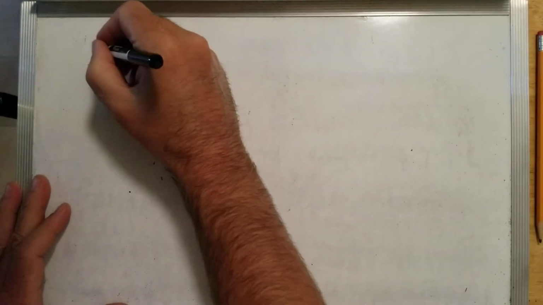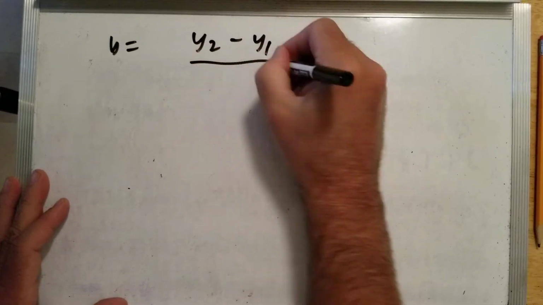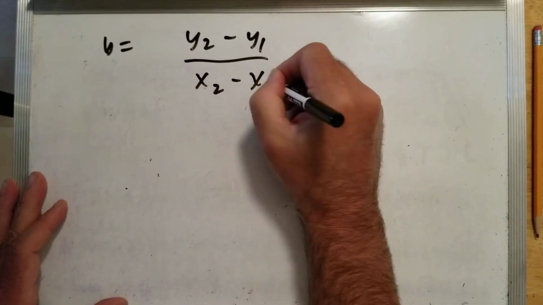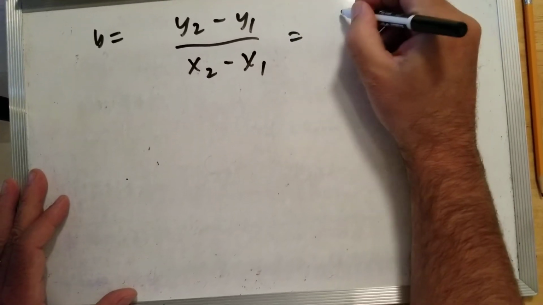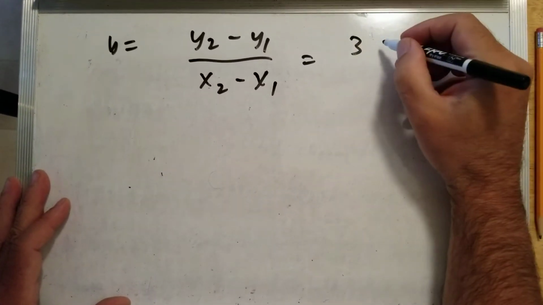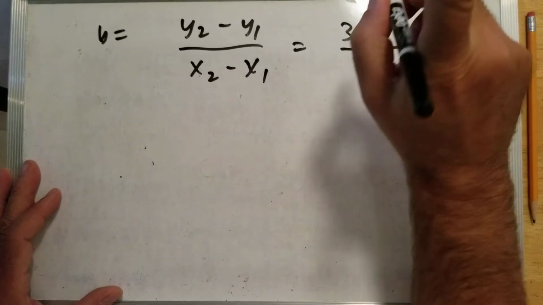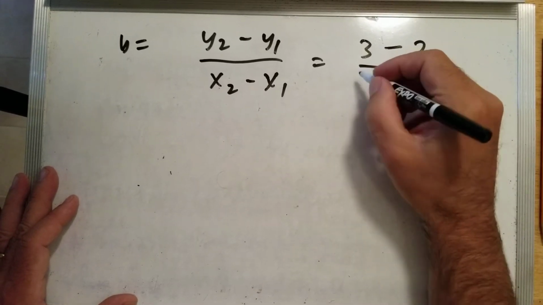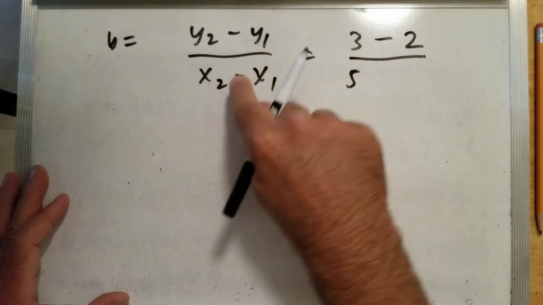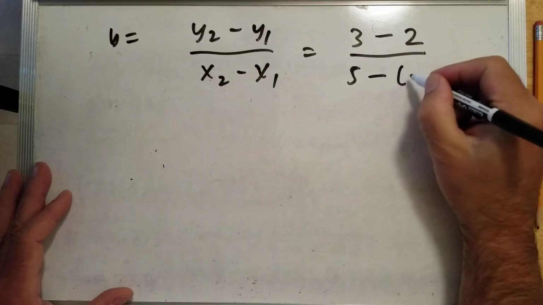Here's the formula, y2 minus y1 over x2 minus x1, but I'm plugging in the given values. y2 was 3, y1 was 2, so it's 3 minus 2, and on the bottom, here's where you have to be careful, x2 is 5. Now there's a minus that's in the formula, and then x1 is a negative 5, so it's 5 minus a negative 5.